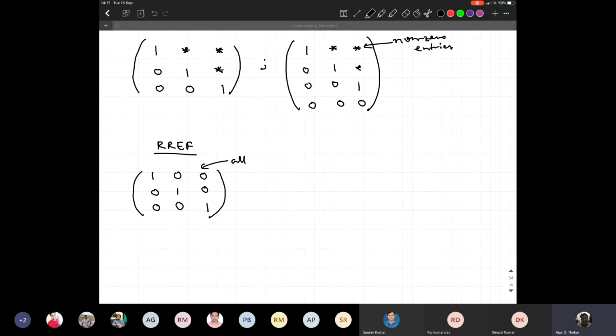All members except the diagonal element must be 0.